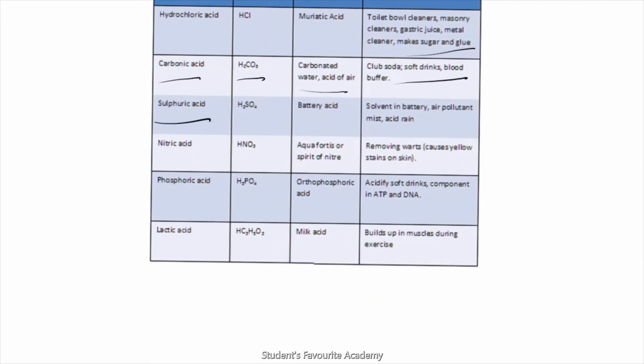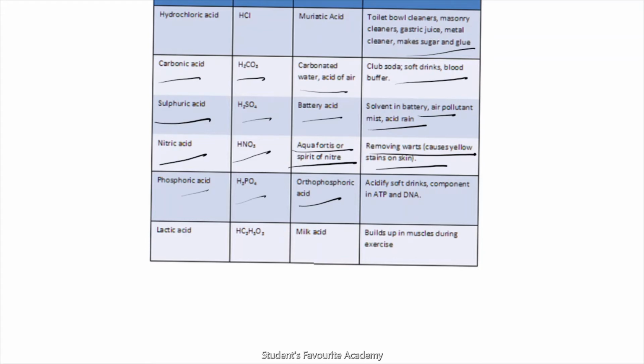Then sulfuric acid is known as battery acid, formula is H2SO4, and it is used in battery, air pollutant mist, and acid rain. Then nitric acid formula is HNO3, it is known as aqua fortis or spirit of nitre, and it is used in removing warts, causes yellow stains on the skin. Okay. Then phosphoric acid is H3PO4, orthophosphoric acid is the common name.